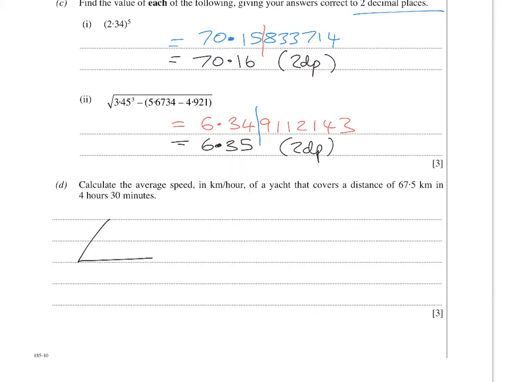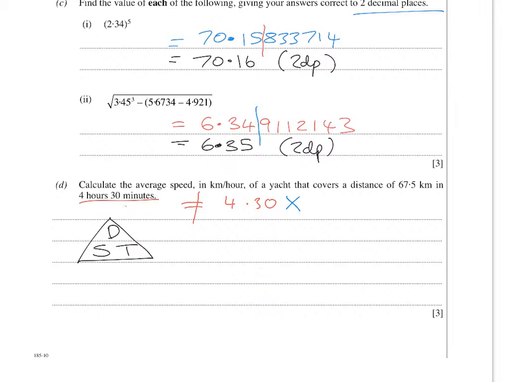Okay, be very, very careful with this question here. You are doing your triangle, which is speed is equal to distance divided by time. So because I'm calculating the average speed, I cover up the S, so that is distance divided by time. But look here, it says kilometres/hours. They've told me 4 hours and 30 minutes. Now that is not 4.30, so I'm going to put a line through there to say it is not equal to that. That is wrong. How much of an hour is 30 minutes? If it's 30 minutes past 10, so it's 10:30.